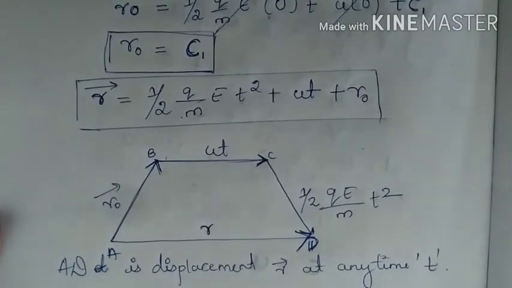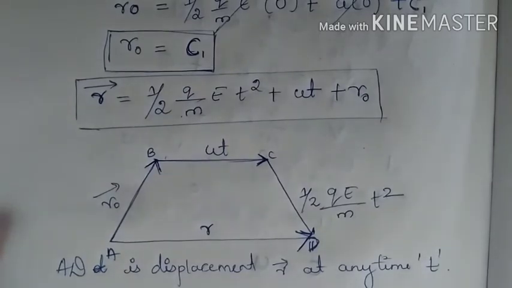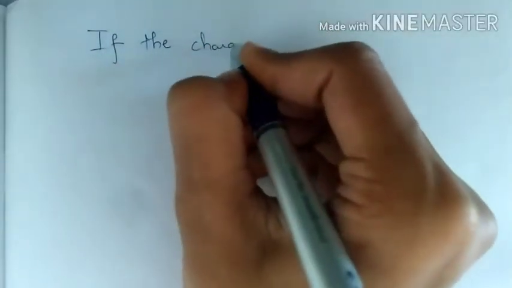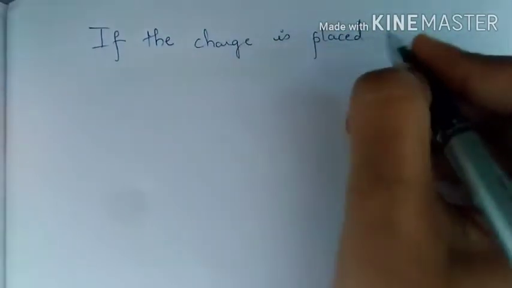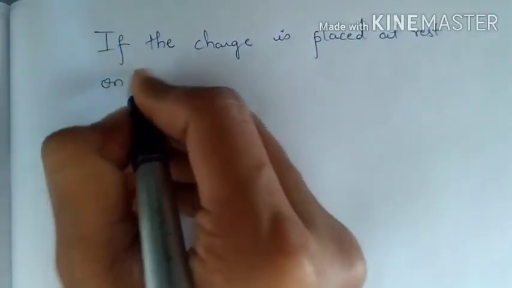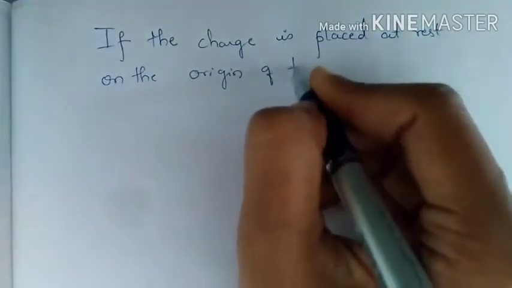Now let us see what will happen if the charged particle is placed at rest on the origin of the coordinates.